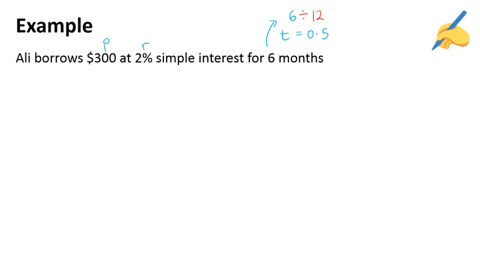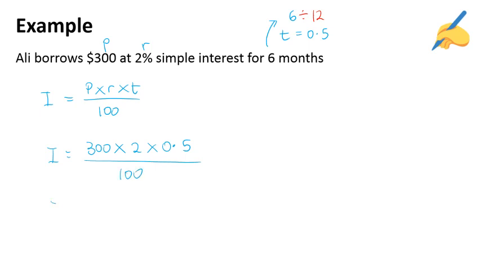So this is his time. Then we write out our formula. I equals P times R times T. Divide by 100. And substitute in the value, so we've got 300 times 2 times 0.5 divide by 100. Just pop that in the calculator and it equals 3, so $3.